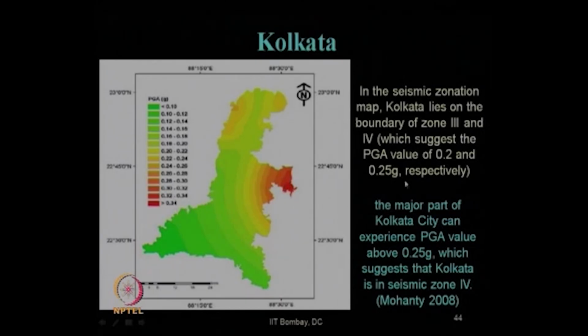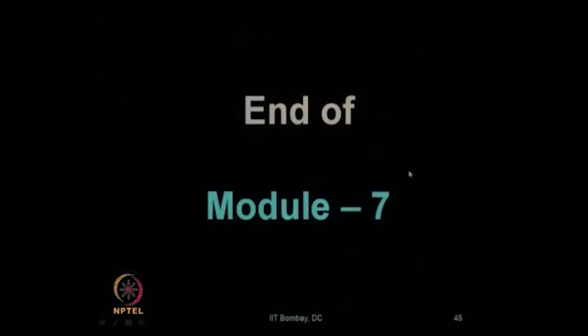So, these case specific or region specific studies are very important when we are doing any important construction, rather than using only the IS code recommendations. So, with this, we have come to the end of our module 7, which is seismic hazard analysis, and we will continue further in our next class with the next module.